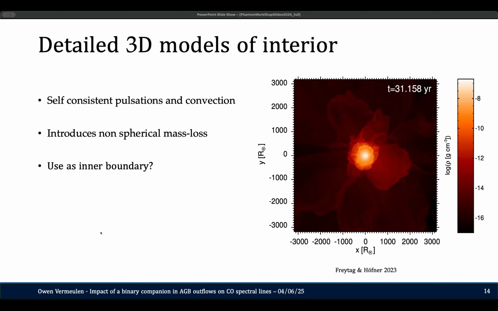I don't think they're really P modes, but they're just the convective bubbles that unbind material. Okay, so it's distortion due to convection. Yes. Okay.